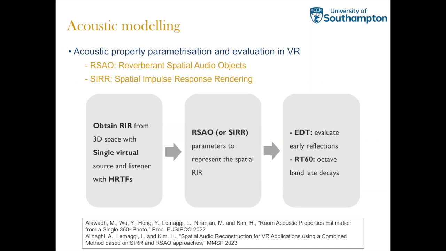Early reflection is like this: if someone is talking to me, there's direct sound, but also some early reflection, some warmth here. So the sound is direct sound first and then reflected sound from the wall. That kind of early reflection is quite important for a sense of immersiveness. And the other one is reverberation. Even in this room, you can feel some reverberation, right?